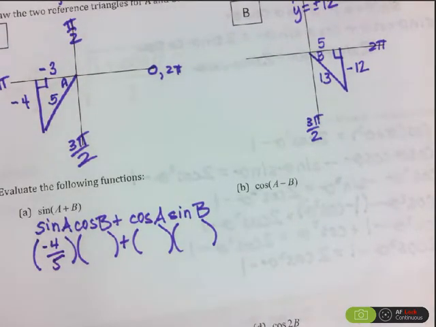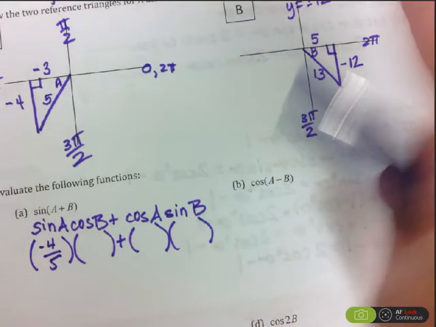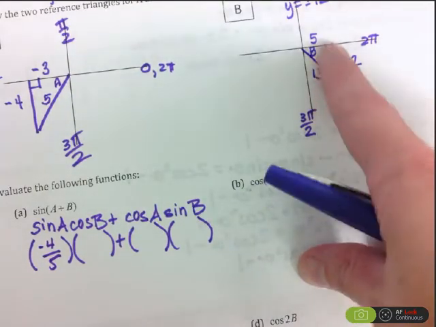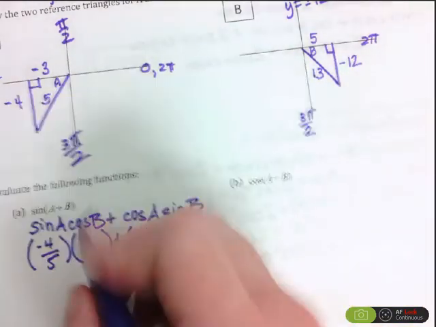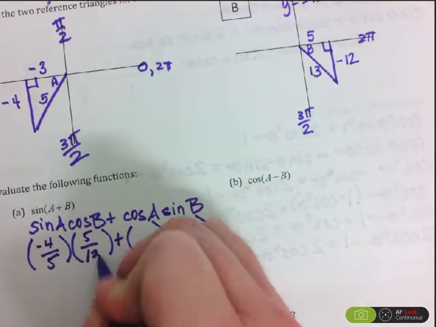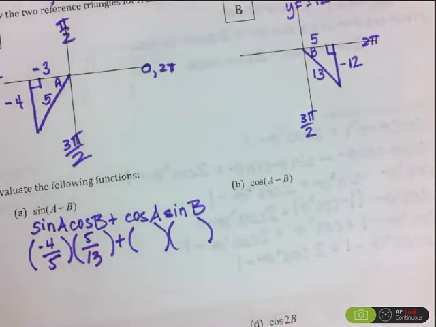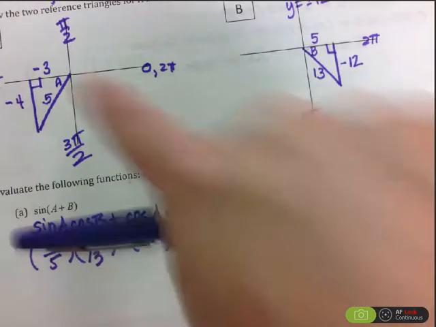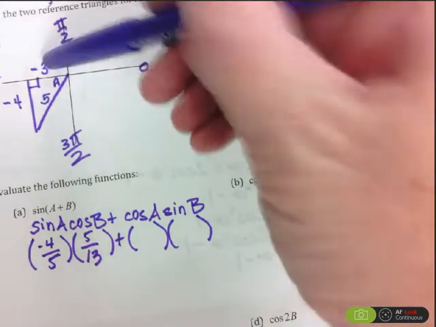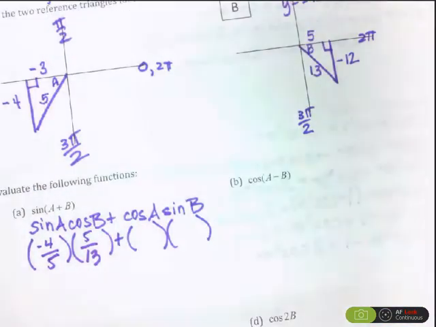Cosine B, you got to switch pictures, guys. Cosine B is over here, and I want adjacent over hypotenuse. All right, cosine of A. Go back to A and find the cosine. Adjacent over hypotenuse.